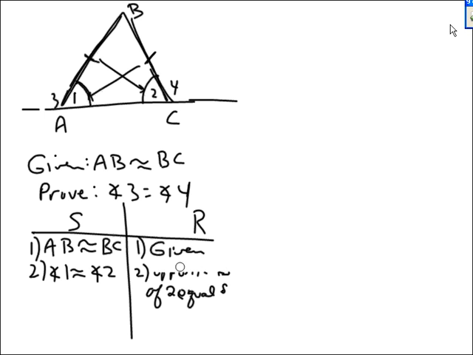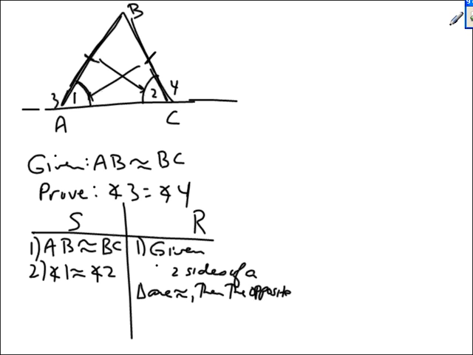Okay. If two sides are equal, their opposite angles are equal. That's cleaner. If two sides of a triangle are congruent, then their opposite angles are congruent. And now we're done. Angle 3 is in fact congruent to angle 4.